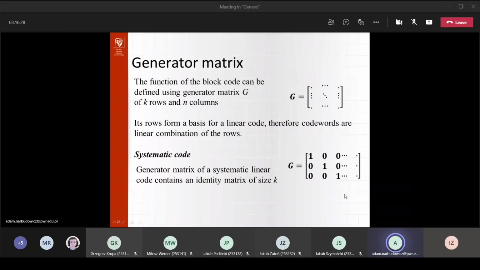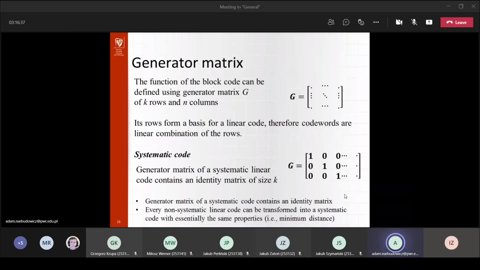And then what is not unitary in the generator matrix, that's the added redundancy. And in general, of course, mathematically speaking, it doesn't really matter whether you use a systematic or non-systematic code, in the sense that a non-systematic code can be transformed into a systematic code with generally the same properties, right?